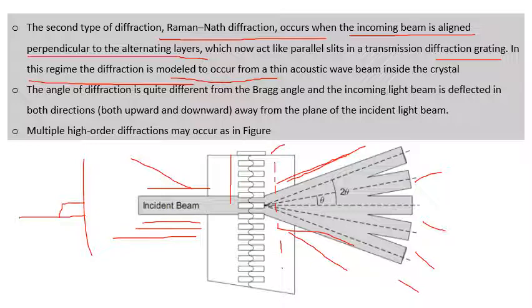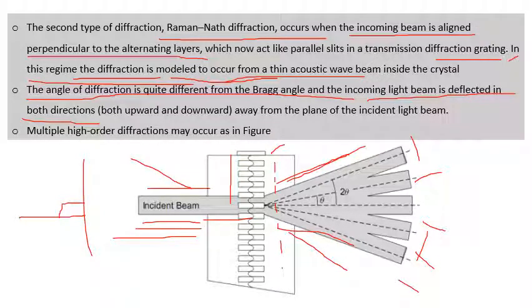So what exactly they are saying in this sentence, the diffraction is modeled to occur from a thin acoustic wave beam inside the crystal. So this is how the thin acoustic beam is passing through. Now the angle of diffraction is quite different from the Bragg angle, obviously. The incoming light beam is deflected in both directions, away from the plane of the incident beam.